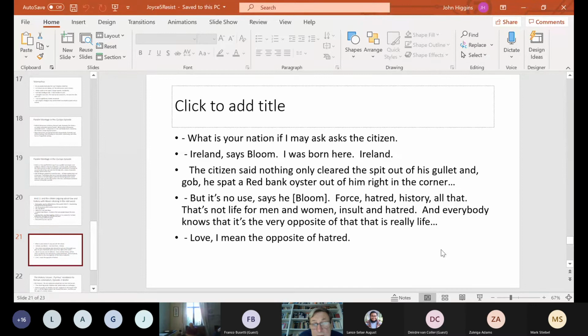That's Bloom's position, and in a sense behind it, Joyce's. Joyce wants to reject force, hatred, and history, that kind of history. It's not really life, he says.